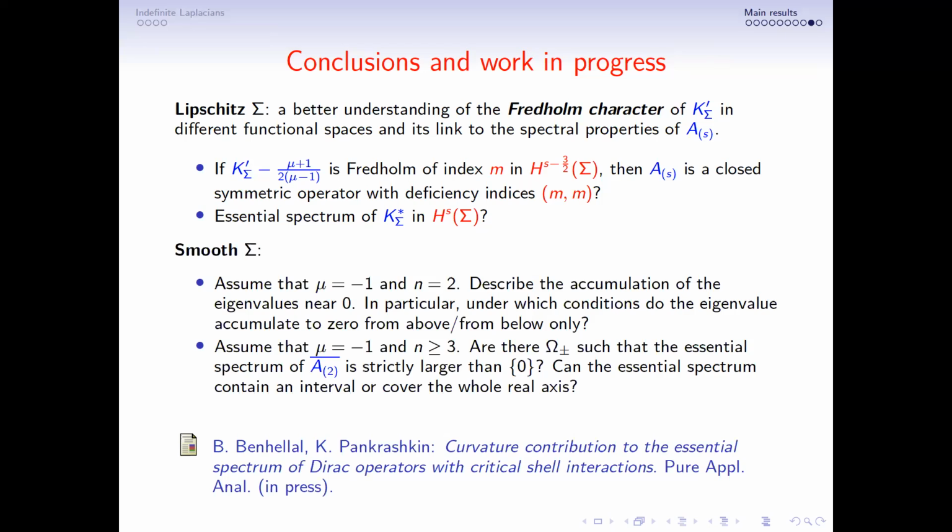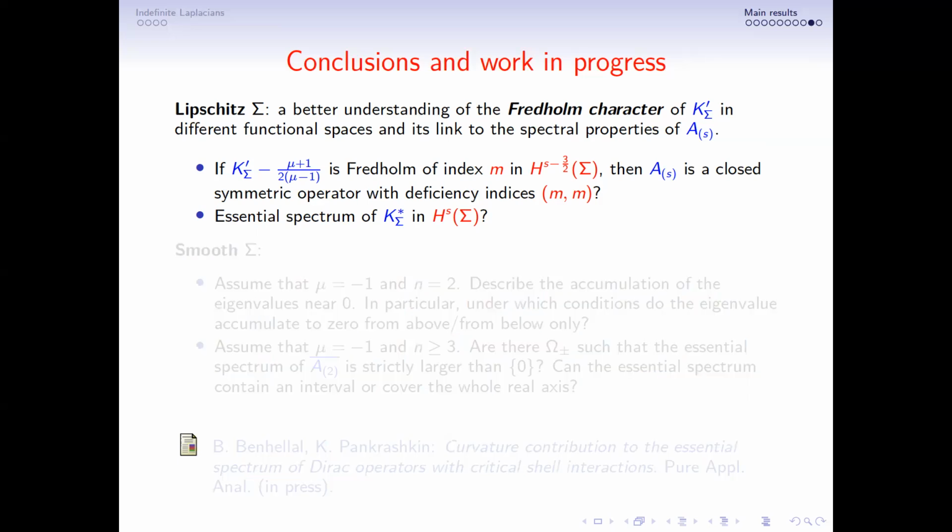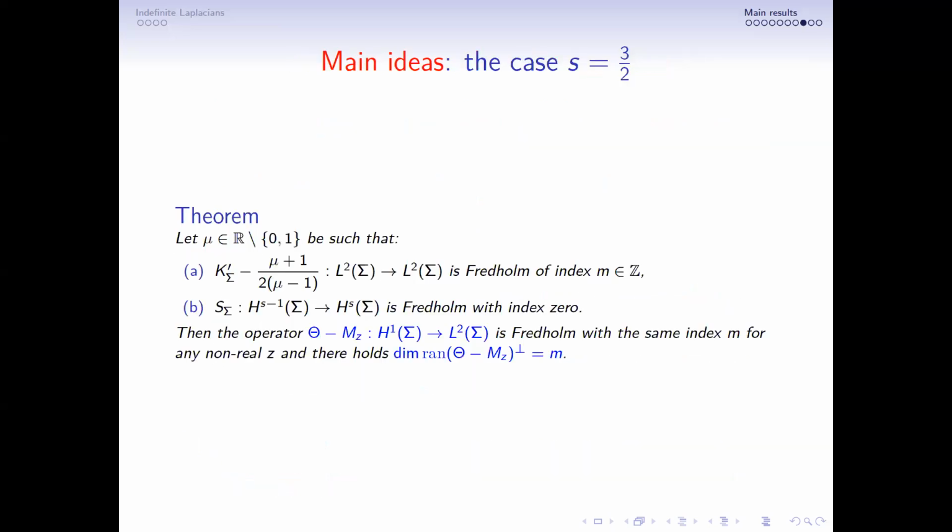We believe that when this operator is Fredholm of index n, then one can show that A_S is closed, symmetric of course, with deficiency indices n and n. And this is because the orthogonal of the range is of dimension n.